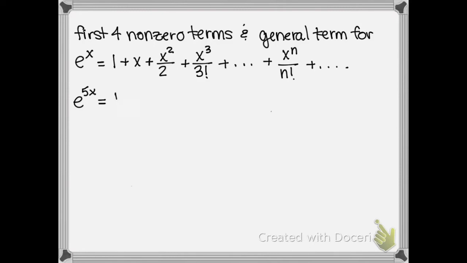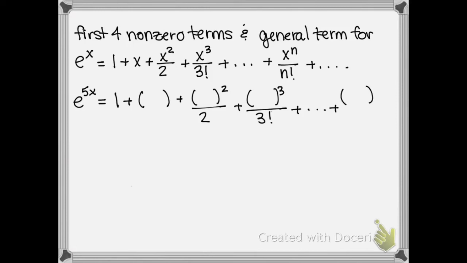Okay, so to get e to the 5x, instead of going through all that work that we just did with cosine, let's just go here and replace the x's with 5x. So replacing all of the inputs with 5x, that's it. That's all we have to do to find the Maclaurin series for e to the 5x.